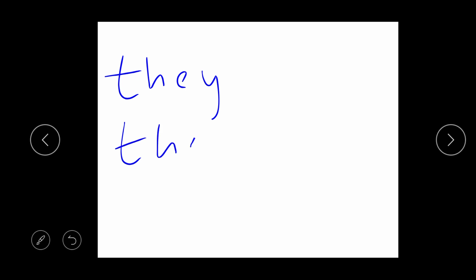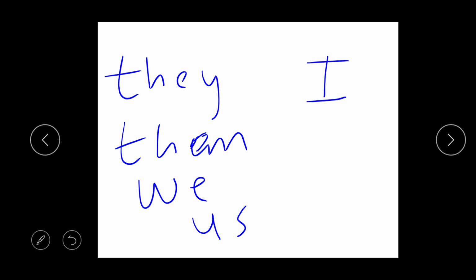Plural pronouns like they, them. That means you're talking about more than one person. Them, we, and us. Now, we also use the verb have with pronouns I and you.